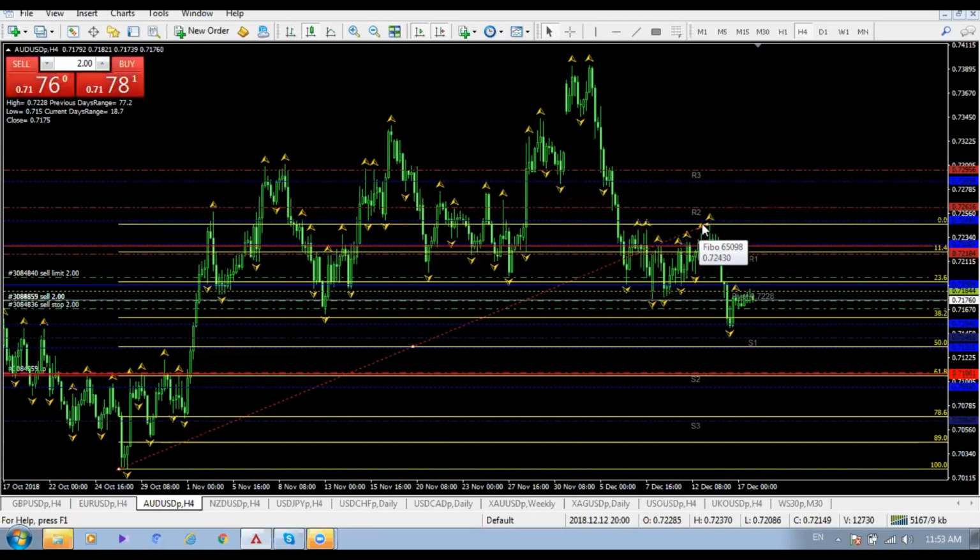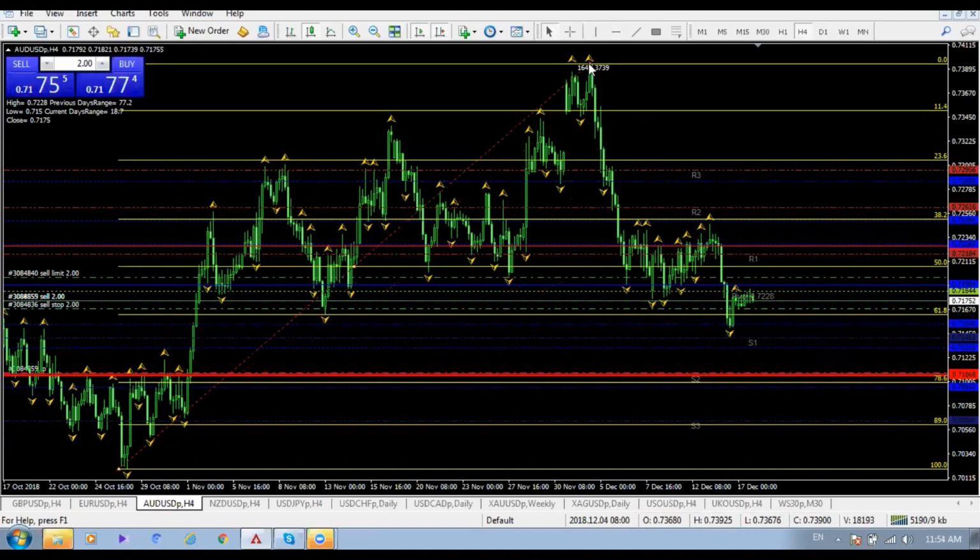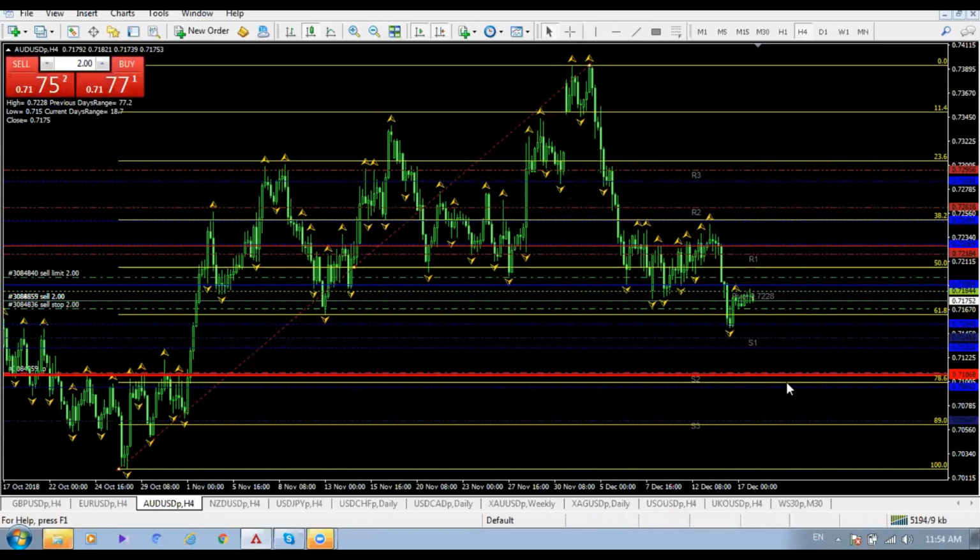Maybe you have a peak here or here, but still the last one is this. The last one that is lower is this, meaning my 61 is exactly on my pivots. This is my 61, and this is my 78. So it shows that I did the Fibonacci right.